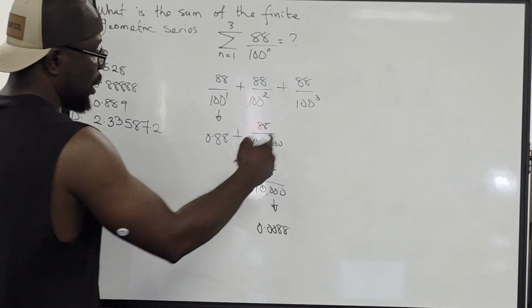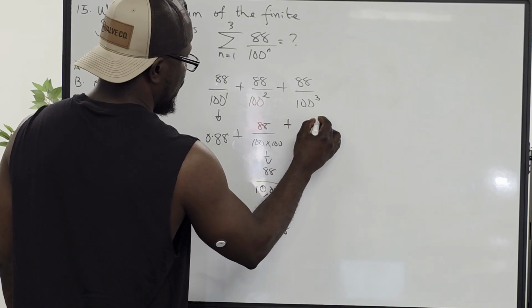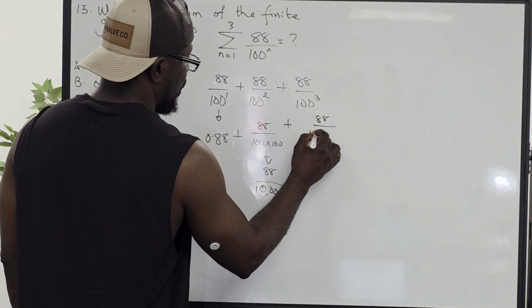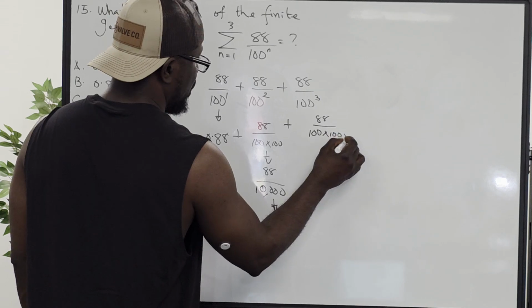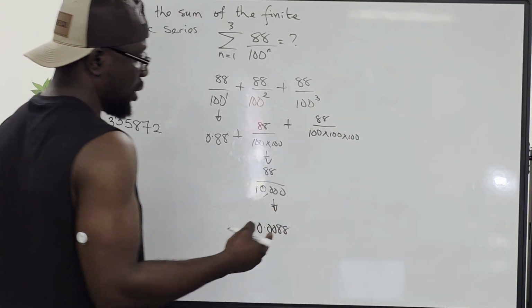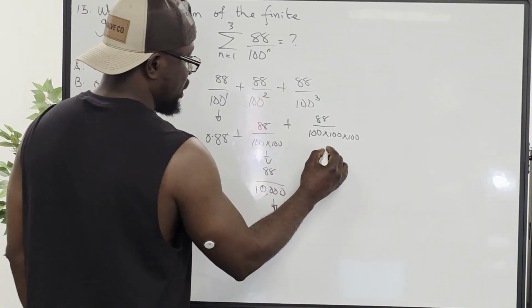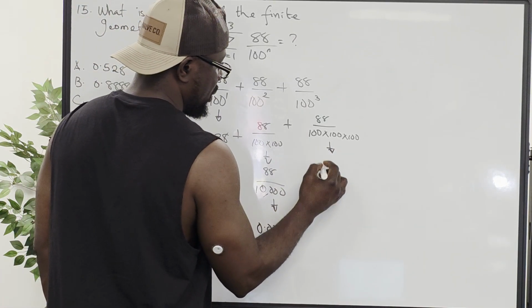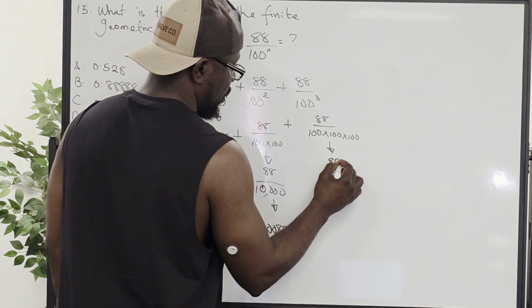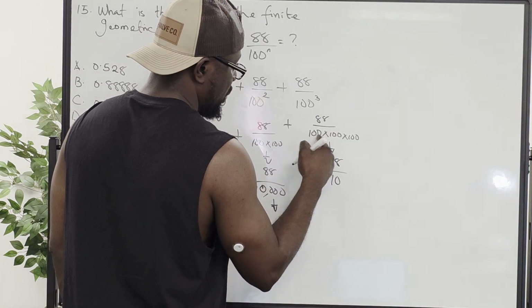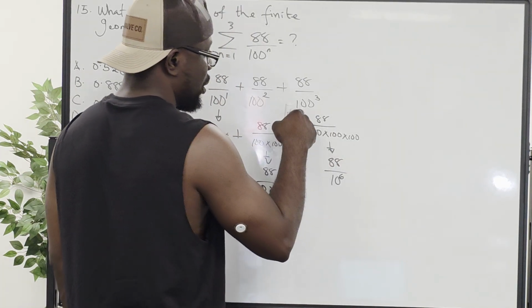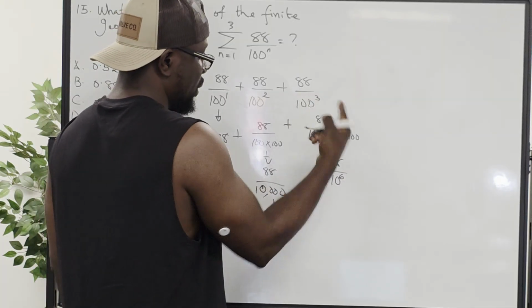So it's going to be 0.0088. Now this one is 88/100 times 88/100 times 88/100. To make your life easier, you can say this one is simply 88 over 10 raised to the power 6, because this 100 is 10 raised to the power 2, and 2 times 3 is 6.